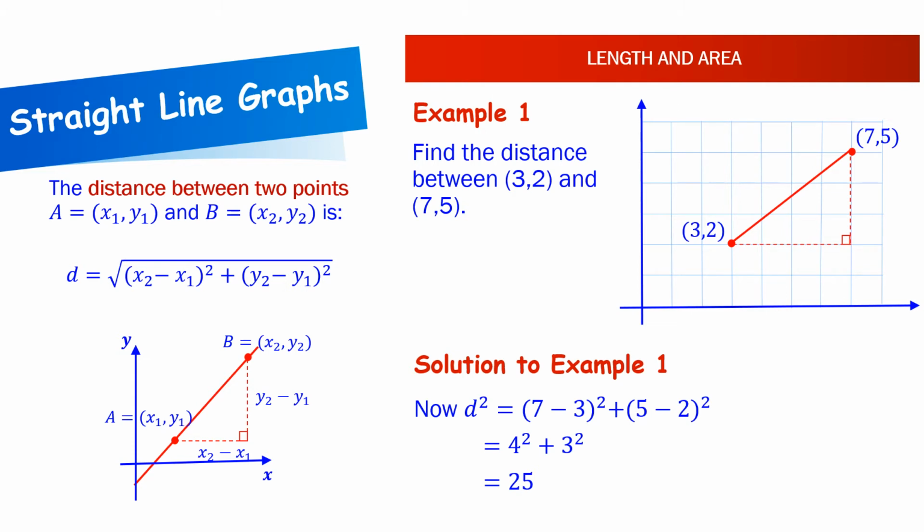Therefore d squared is 25, and therefore d is equal to the square root of 25, which is of course 5.